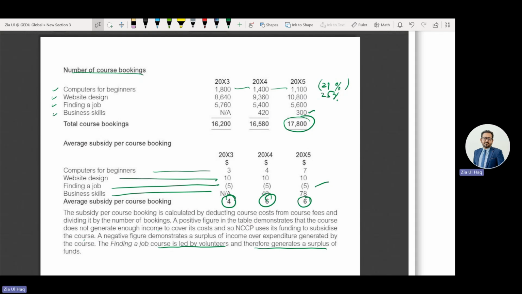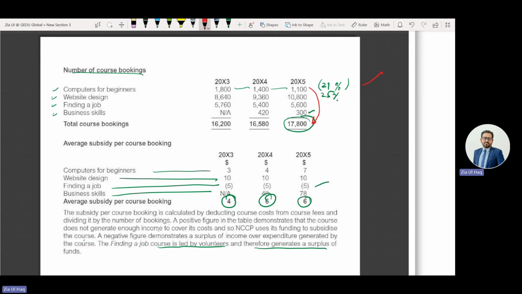First, we'll put the heading computer for beginners course. The computer for beginners course has reduced by 21% in participants. But still it is that percent of total courses. What is the percentage of total courses? 17,800.